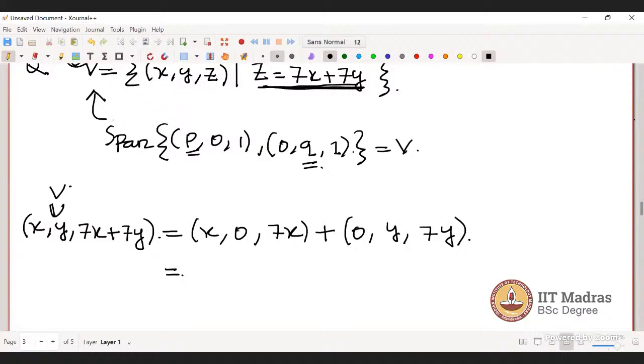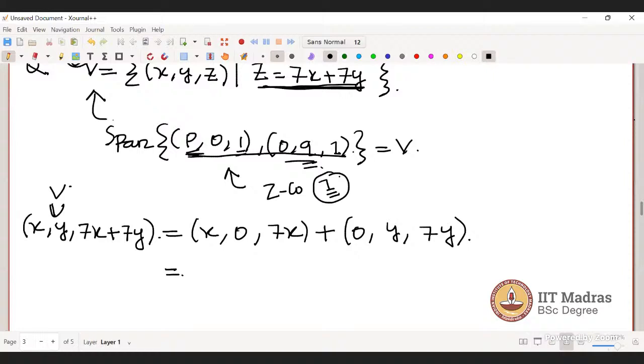So basically, in each of these elements, as you can see, the Z coordinate is 1. When I'm trying to write an element of this space as a linear combination of two other elements, I have to convert these elements so that the Z coordinate is basically 1.